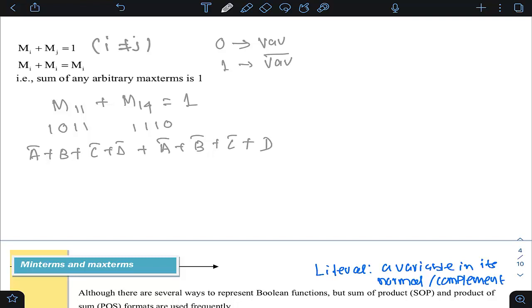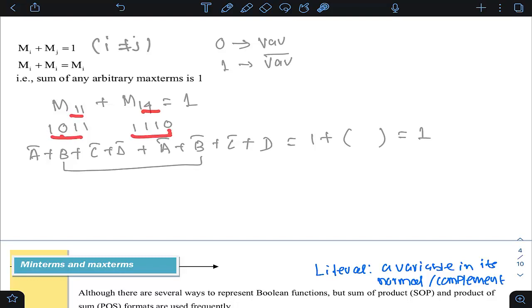You see students, now you have the B and B bar combination. B plus B bar is 1, and 1 ORed with anything is 1. So this entire expression will be 1 because B bar is present. Similarly, with respect to D bar also you can see the same thing, because D bar plus D is 1 and 1 ORed with anything is 1. So it makes sense: whenever you select two different indices, their bit patterns won't be exactly the same.